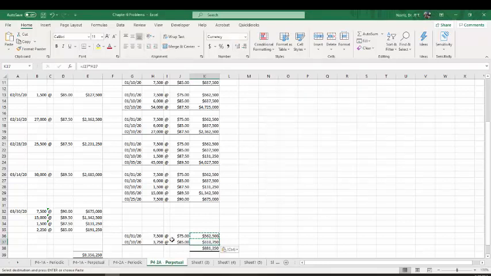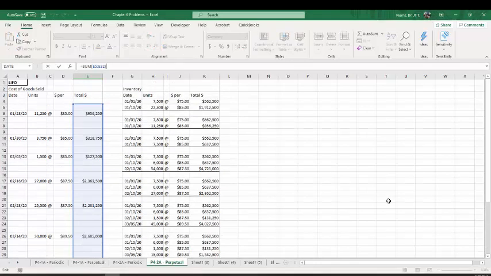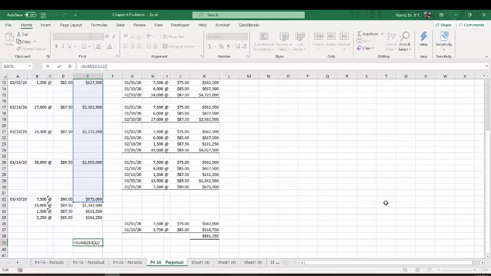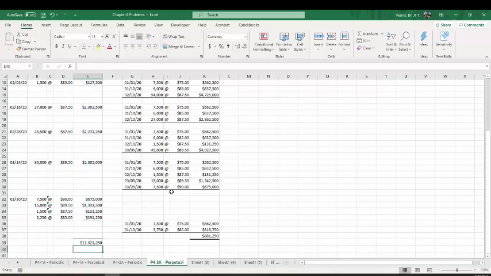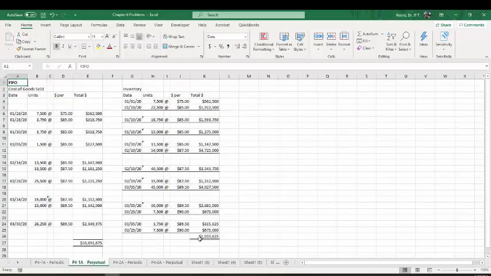Of 181,250, and a total cost of goods sold of $11,021,250.